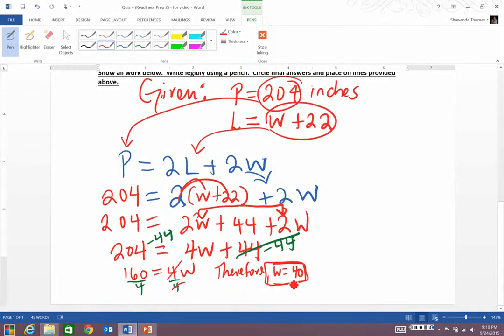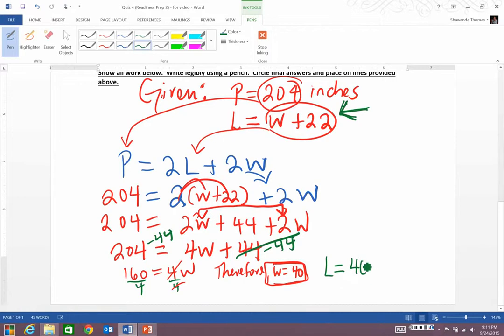The easiest way to figure out what L is, is to plug it into this formula here, because we already know, according to the problem, that the length equals 22 inches more than the width.